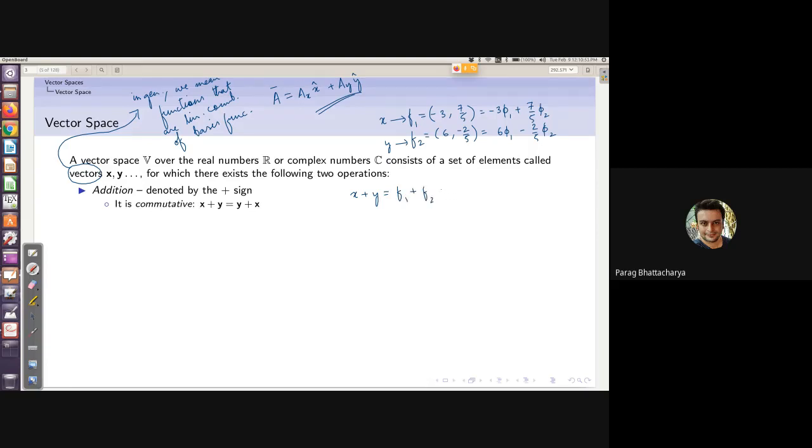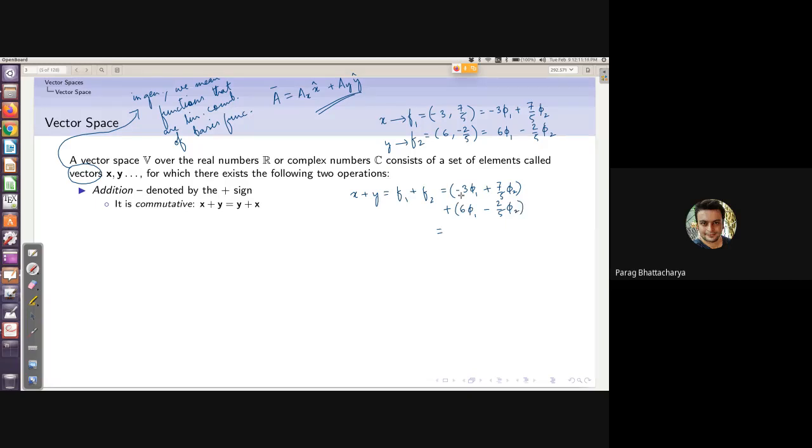And what is f1 plus f2? It is -3 phi 1 plus 7 by 5 phi 2 plus 6 phi 1 minus 2 by 5 phi 2.